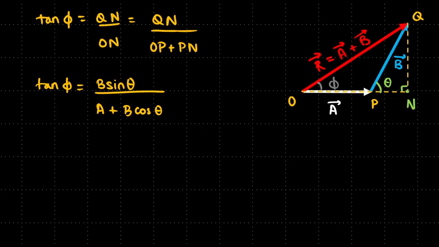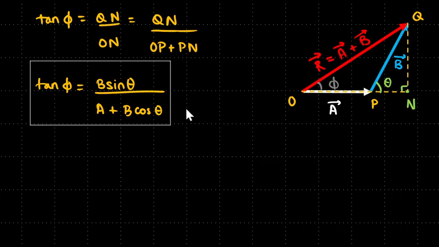So this expression is not actually what gives the direction. I mean, technically it gives that direction. It's just that I find this equation much easier to manipulate or talk about rather than the actual value of phi. So now let's call this equation number 4.